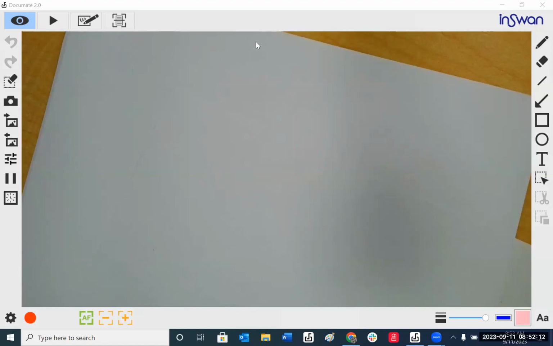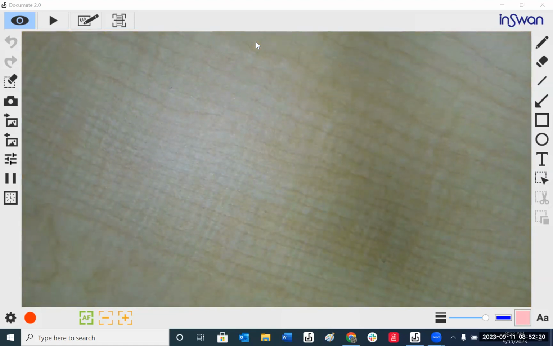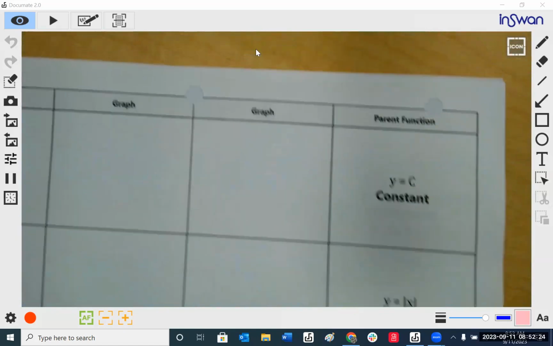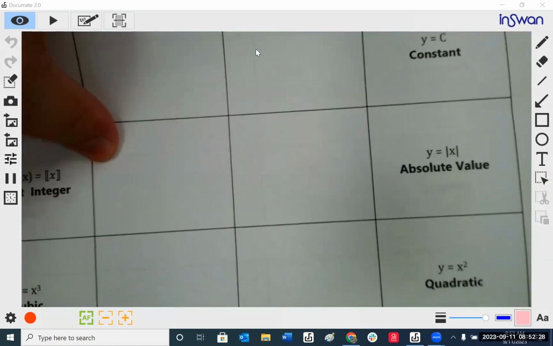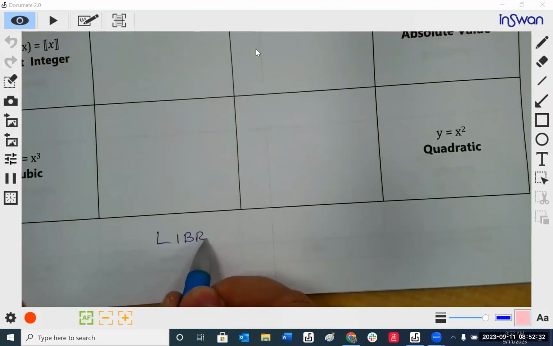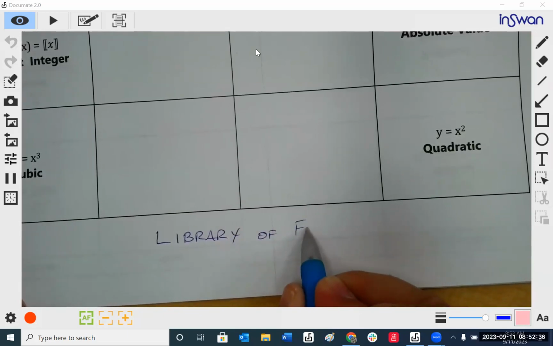Well, I'm giving you, yes, please, I just take one pass around. Yeah, there should be enough for everybody. What I'm giving you is what's called the library of functions. So on the very bottom, you can put library of functions.